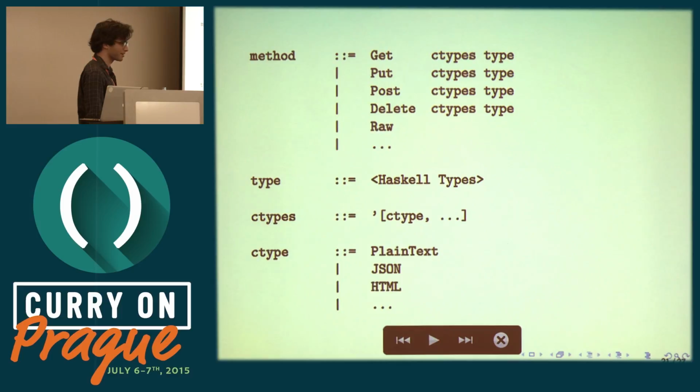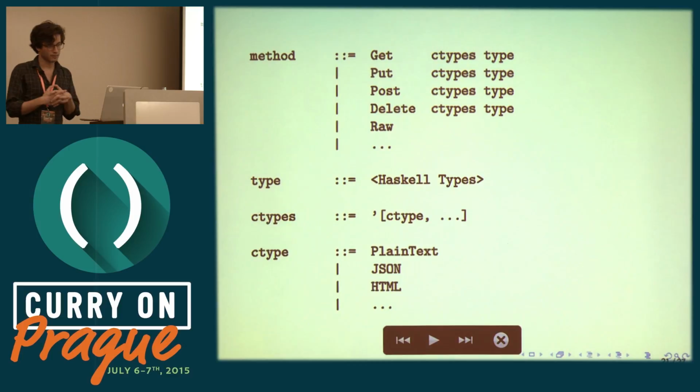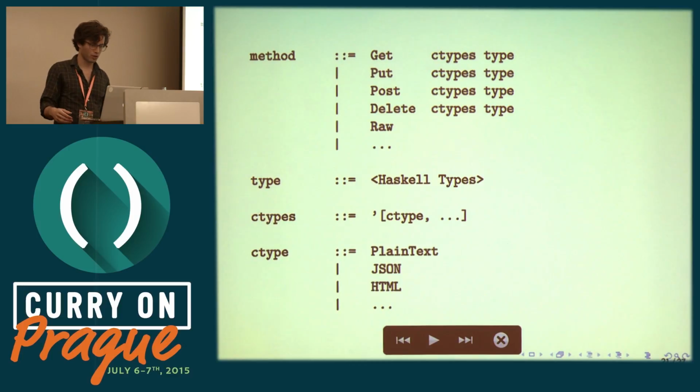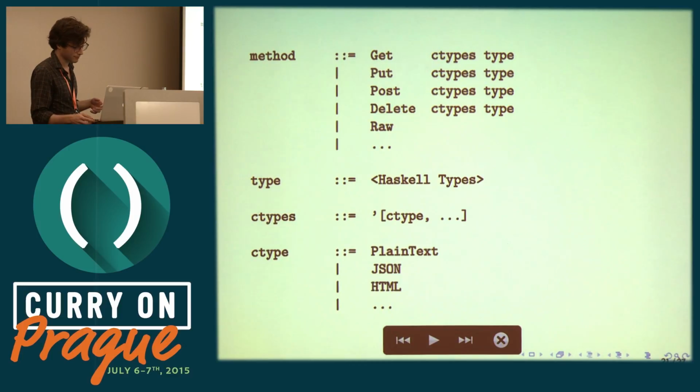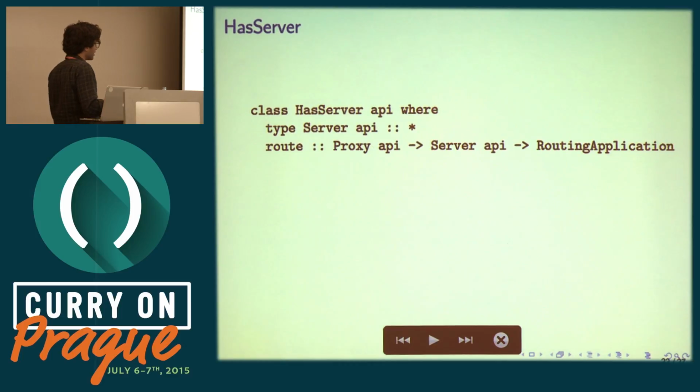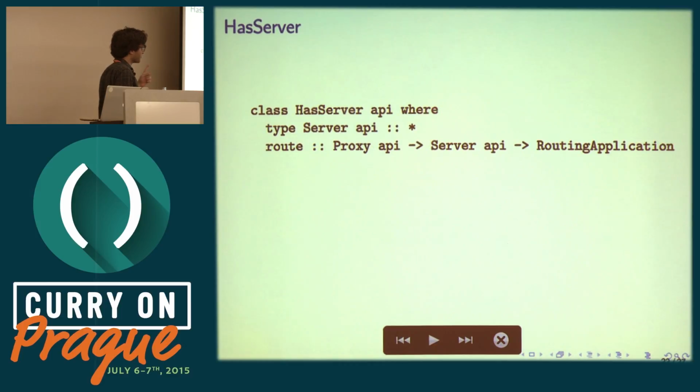So this is a fraction of the non-terminals and the terms in the language that we ourselves provide. But there's more that we provide, and there's more that you can write. And this is the class that we use to provide the server implementation. As you can see, it looks a lot like our val prime.